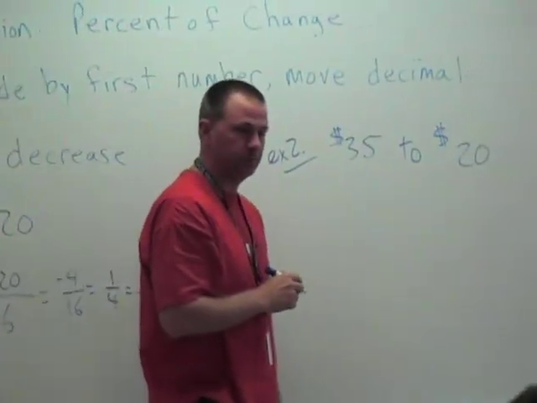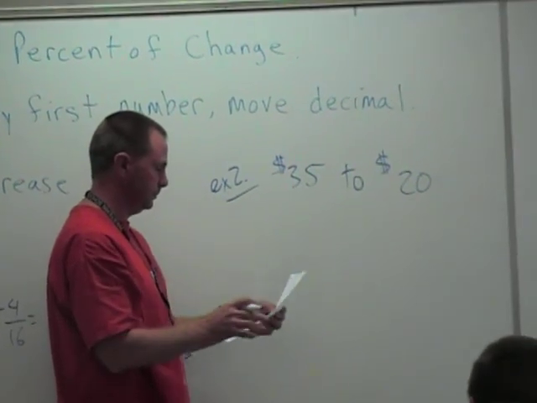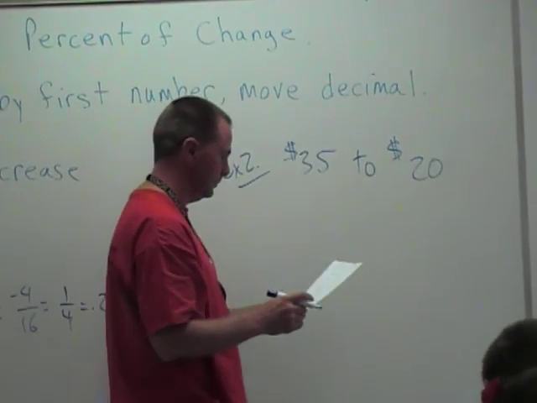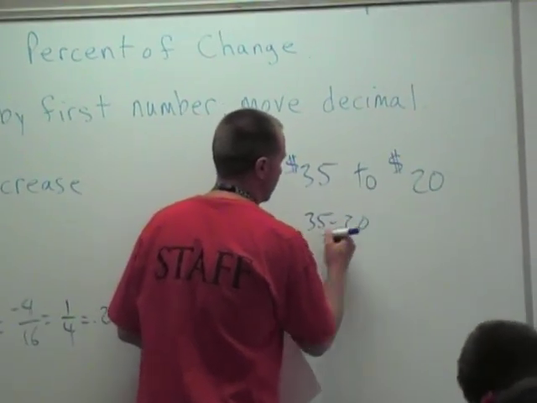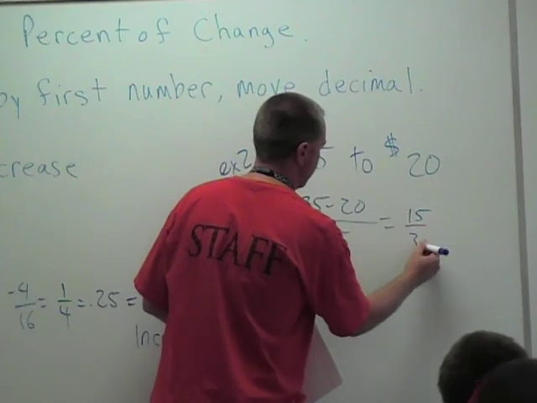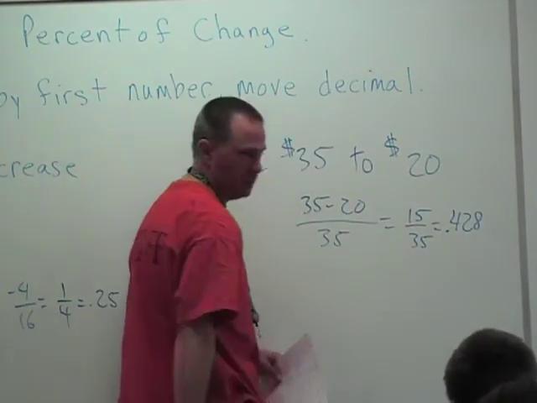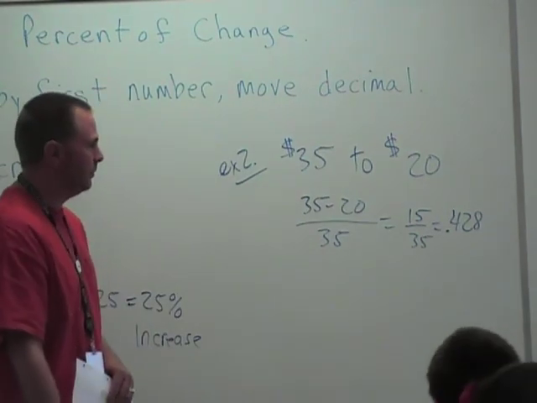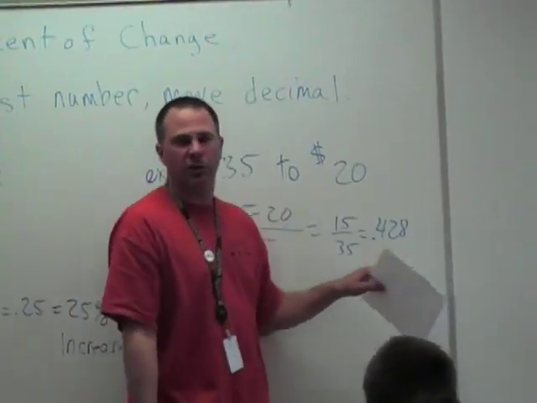Yeah. Oh, yeah. Okay. What's the answer? 42.85742. Okay. So he took 35 minus 20, divided by the original number. So that's 15 over 35. And you got 0.428 something? Yeah. Alright. And at this point, you've got to always watch your instructions.